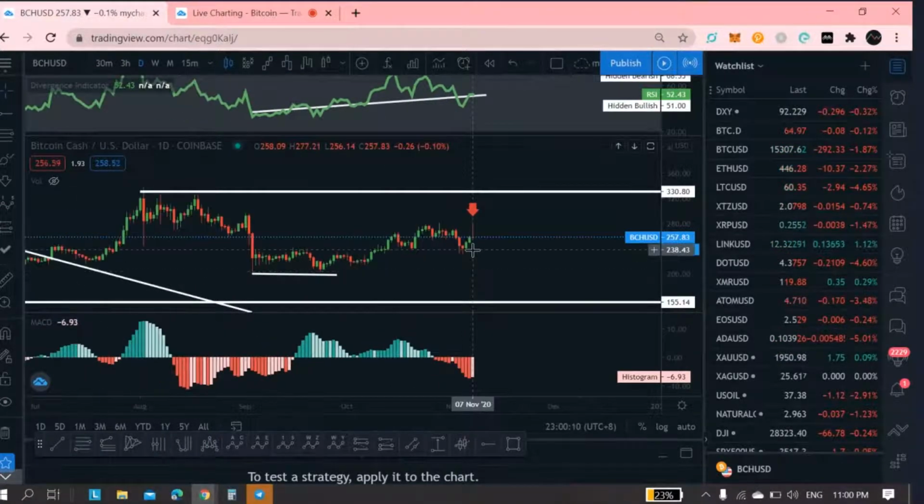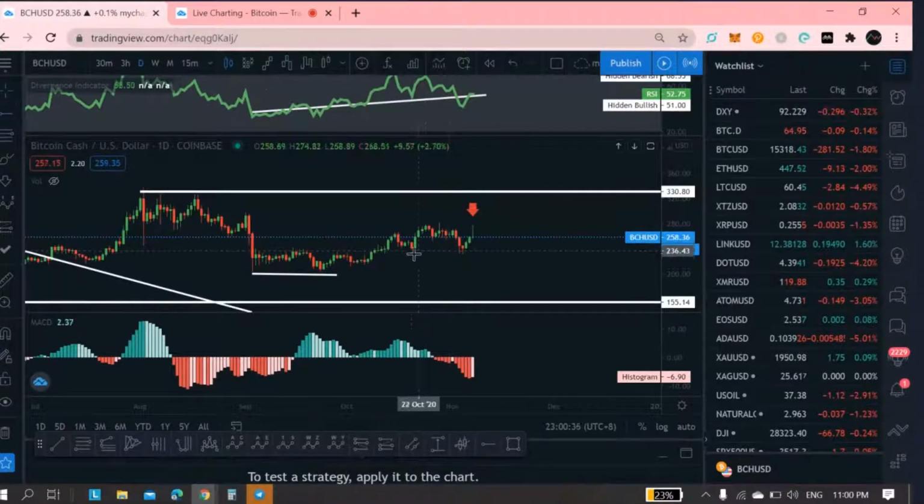So let's see. For me, if you look at it, this is using the candlestick. This is the resistance area and it reached it, however, it failed to break out. So I think it will possibly retest this short-term support area around the 239.